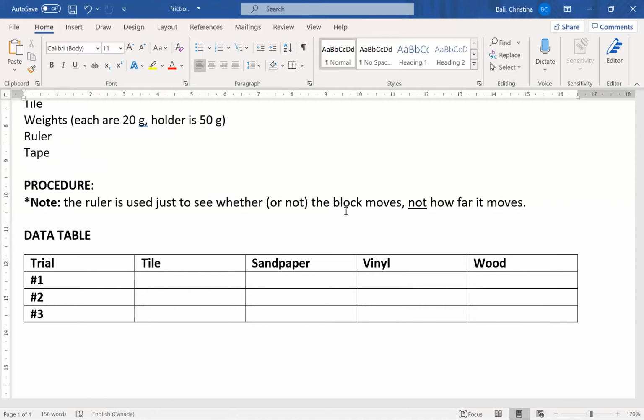Think about the post-lab questions as well. What materials will be available to you? I will post a list and some pictures of some of the stuff I have over at school in the class tomorrow morning, so that way you can take a look and see what you and your partner might like to use for this investigation or not. You don't have to use a wooden block and hanging masses like I did.